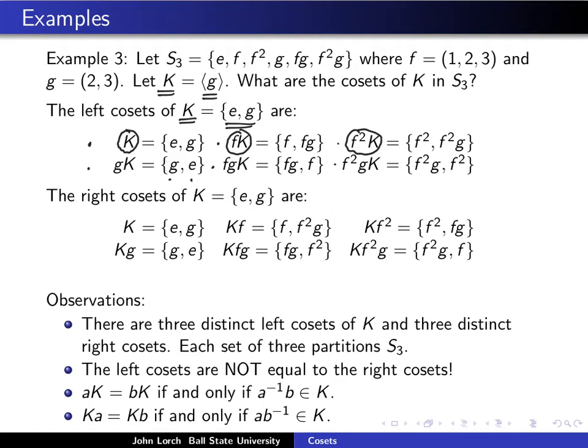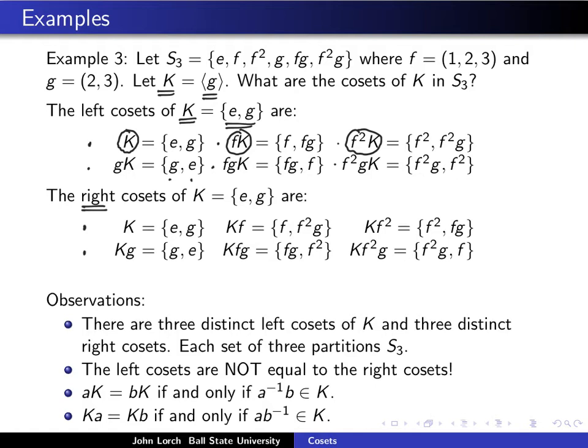Now here we're also going to compute the right cosets. So we start with K. There's nothing to do there. And then for the right coset KG, we multiply everything in K, this time on the right by G, and we wind up with, again, G comma E. And so at this point, we might be thinking, well, this is the same old story where the right cosets and the left cosets were all equal to each other.